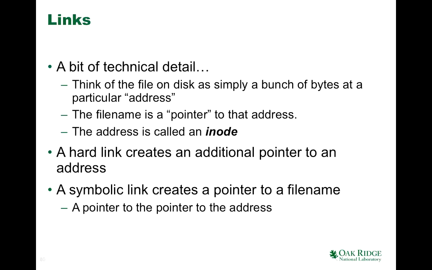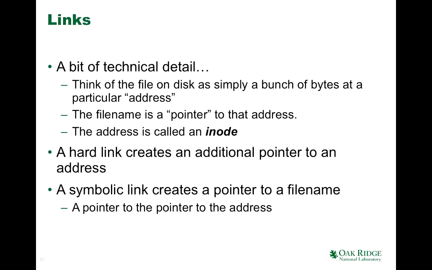That address is something that's called an inode. Think of an index node. A hard link, one of our two types of links, simply creates an additional pointer to an address. A symbolic link creates a pointer to a file name, not a pointer to the address.